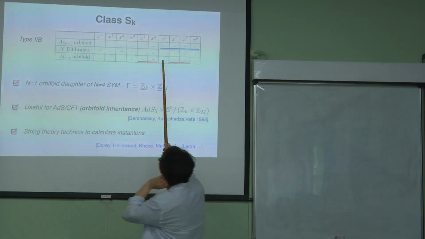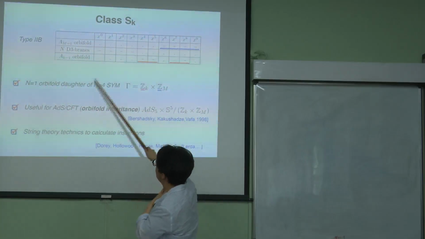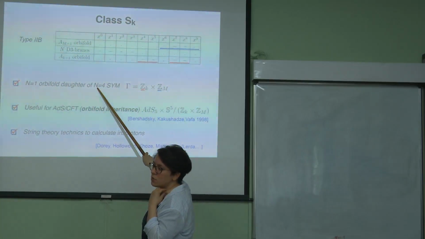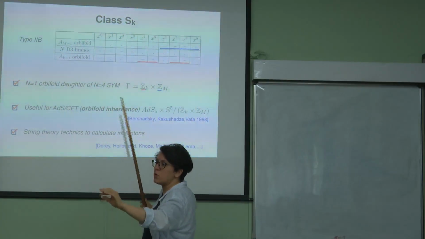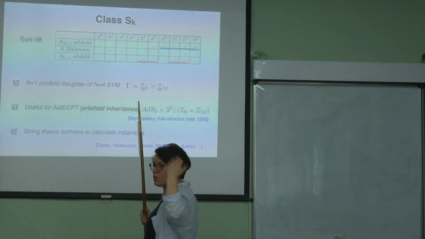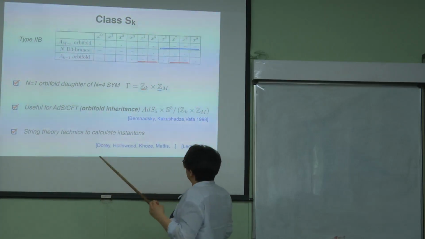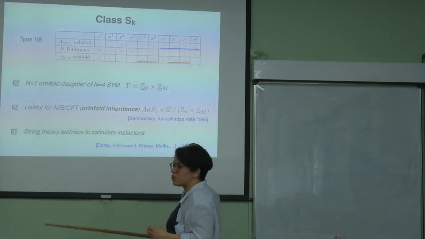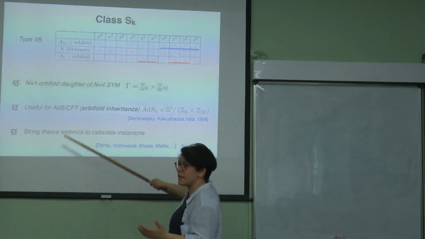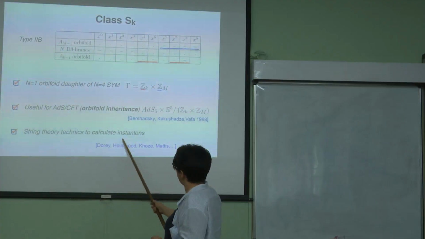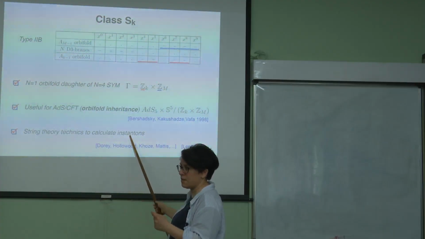When we look at this, this is very useful because first of all, we recognize that it's an N=1 orbifold daughter of N=4 super Yang-Mills. So it is one of these theories that all the AdS/CFT people were studying. And not only that, you can really go through the literature and find already results about this theory. In fact, people had started looking at instantons back then, because instanton is the thing I care about.